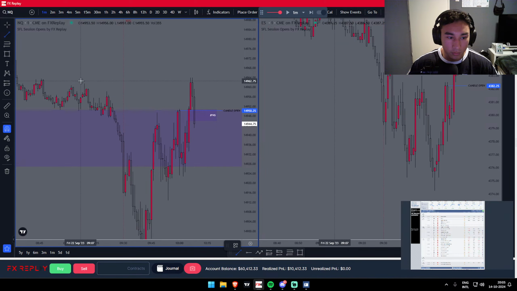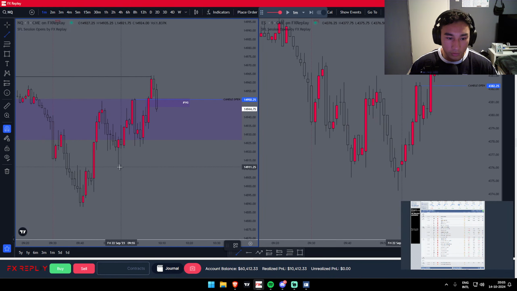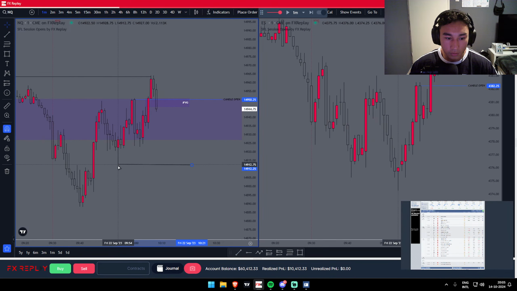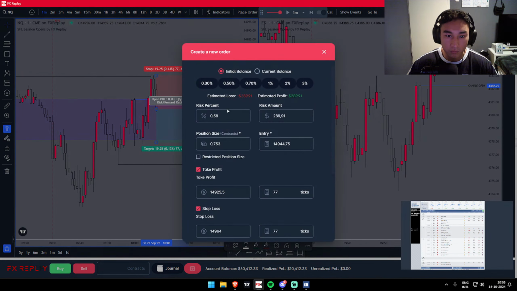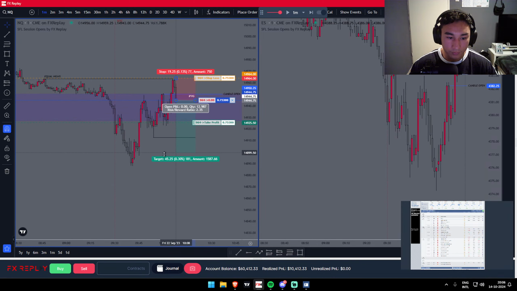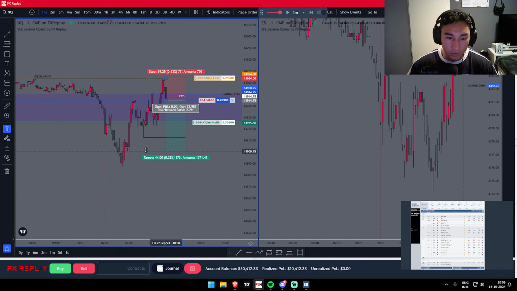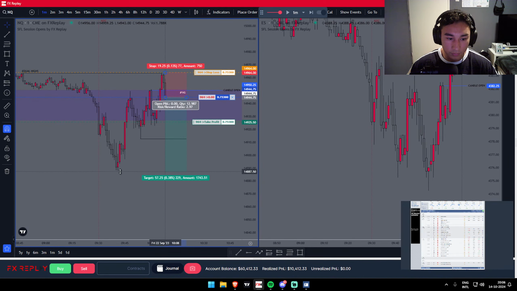Taking out these equal lows, again lowers this liquidity. So this would be break even, and that's beyond the 1-1. I can already tell, so it's going to be a 1-1 break even. First TP is going to be at least a 1 or 2, which is, let's actually see.